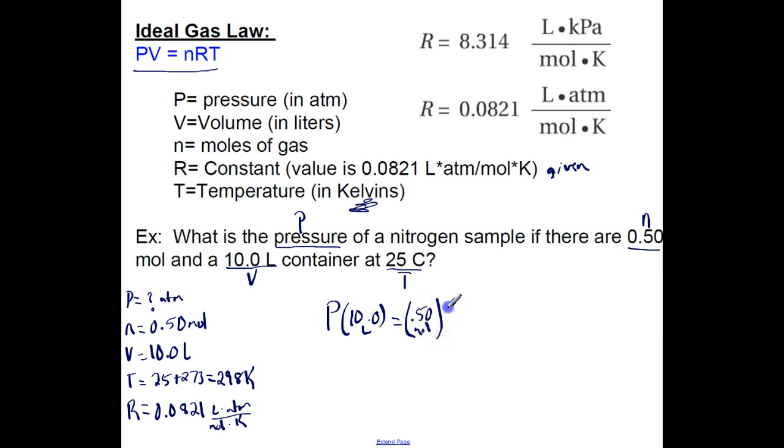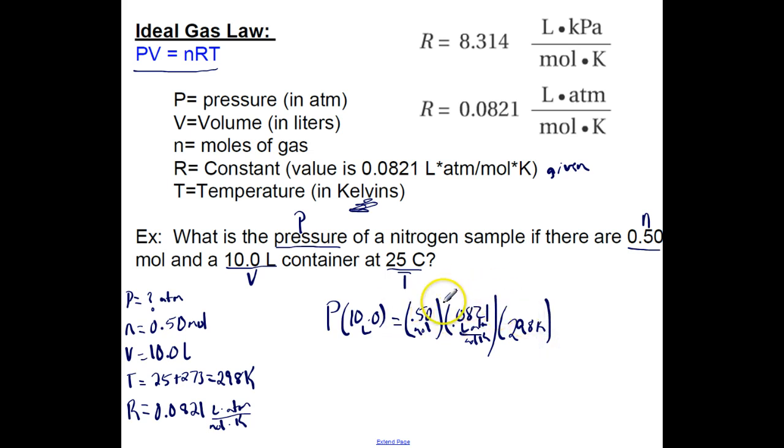That's n. R is 0.0821, the liter atmosphere per mole Kelvin. And temperature, which is 298 Kelvin.